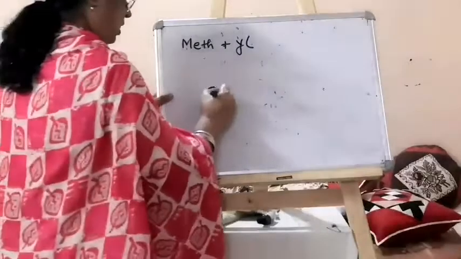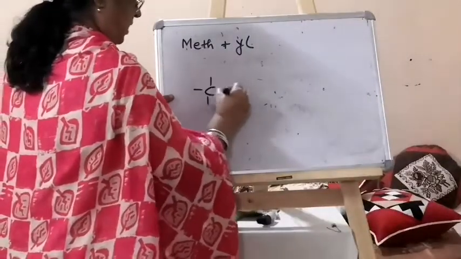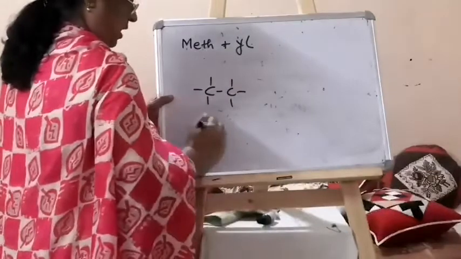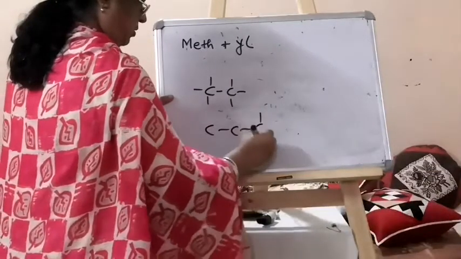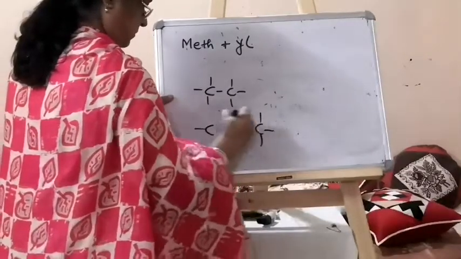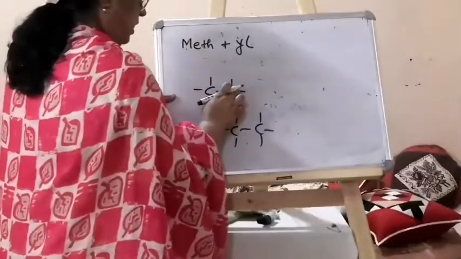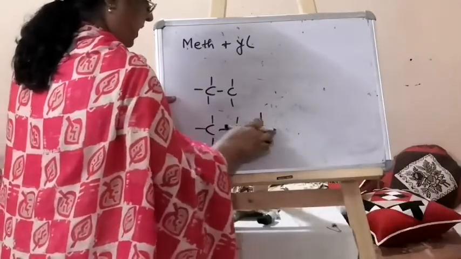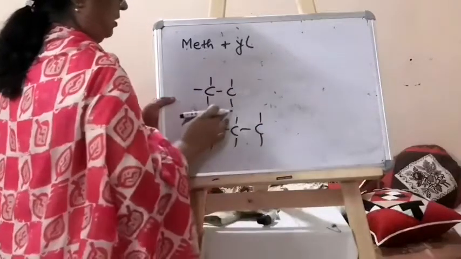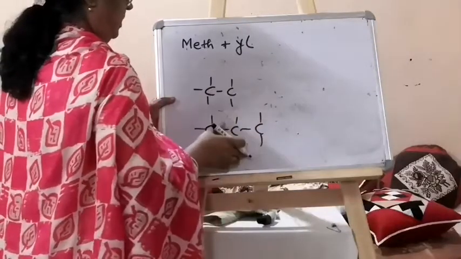When around carbon all bonds are single, around carbon all bonds are single, I am talking about that. Then one of this is attached, through this it is attached to the chain, up, top, bottom, anywhere.